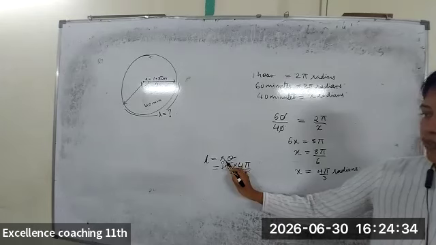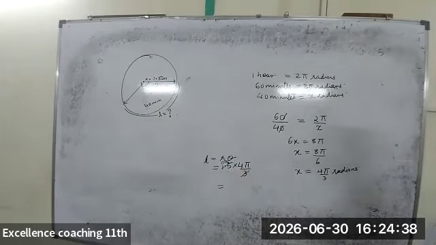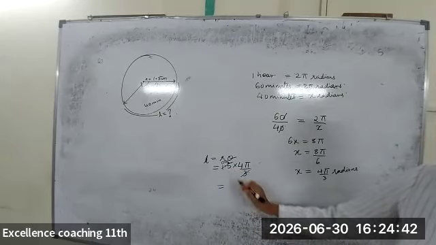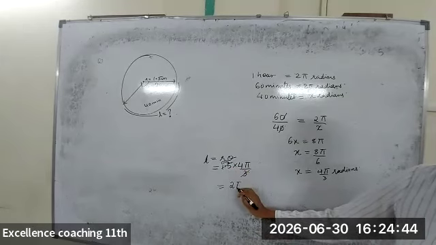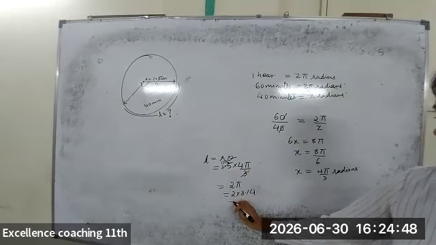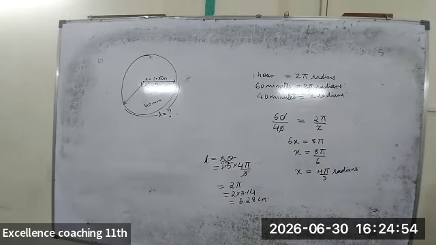This will be 0.5 into 4. Directly you can multiply it with 3.14. 6.28 centimeter. Well, I'll check and tell you next time. But I think 100% it has to be this only.